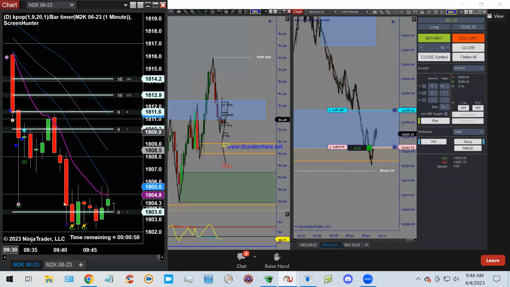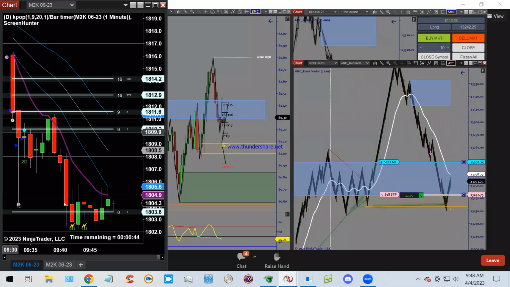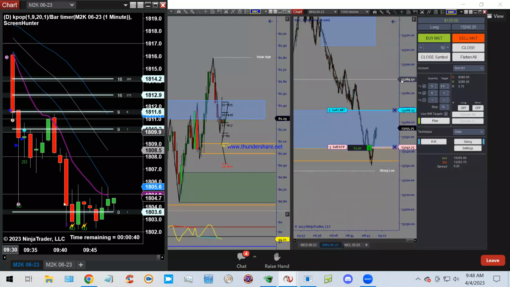See what Crude's doing. Nice to get a trend line break coming out of there on Crude. Come on in, Q. Let's push up.